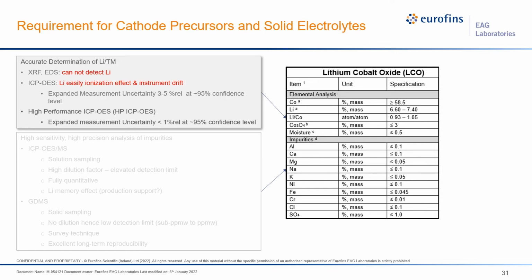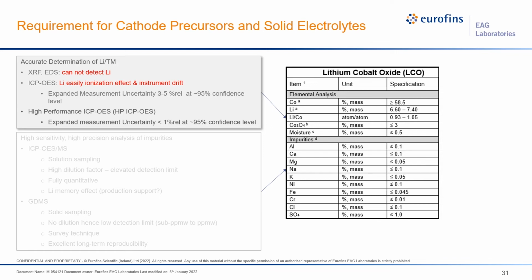So then we have to think about how to actually correct those effects. At EAG, we follow the NIST high performance method, or the HP ICP-OES method. We control and correct those effects. With that, we can achieve an expanded measurement uncertainty of less than 1% at a 95% confidence level.